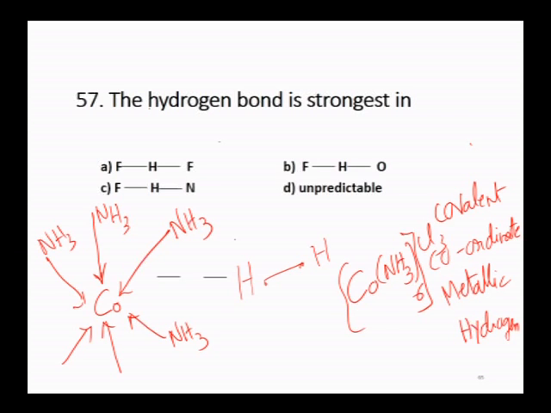In chemistry, generally hydrogen bonds take place only between fluorine, oxygen, nitrogen and hydrogen. Among these three, fluorine is the most electronegative. Hence, the strongest bond is formed between hydrogen and fluorine.